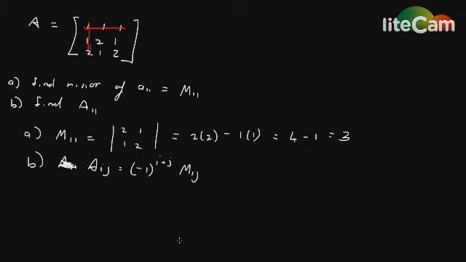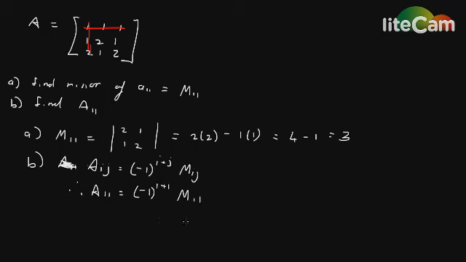Okay? So, therefore, A11 is equal to negative 1 to the 1 plus 1 times M11.